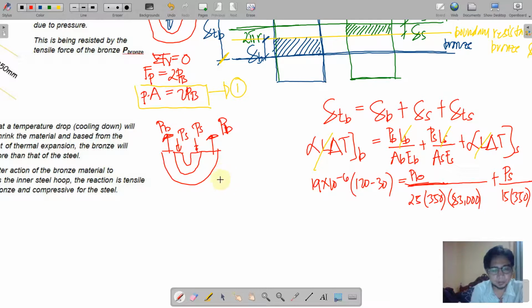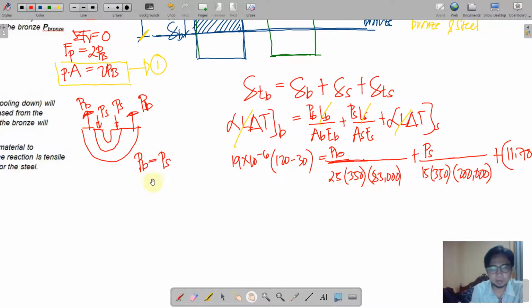Of course, by that, we can conclude that the force due to bronze is equal to the force on the steel. So they are just equal. So with that to be equal, we'll just have to replace one of them and then come up with the P of bronze. Anyway, P of bronze is our concern here, aside from the P of steel. So we prioritize solving for P of bronze by replacing the PS in terms of P of bronze.